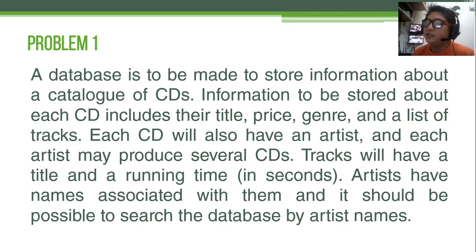Information to be stored about each CD includes its title, price, genre, and a list of tracks. Each CD will also have an artist, and each artist may produce several CDs. Tracks will have a title and the length of time in seconds, and artists have names associated with them, and it should be possible to search the database by artist name.